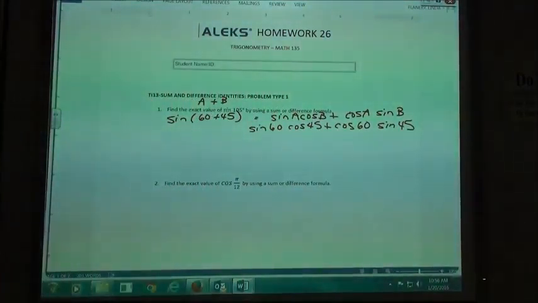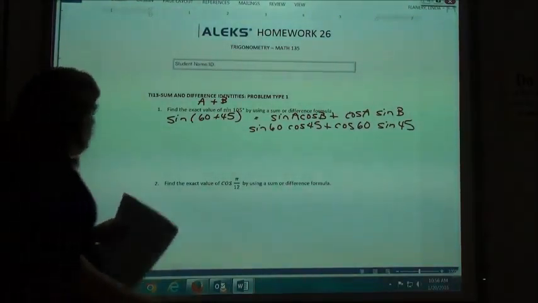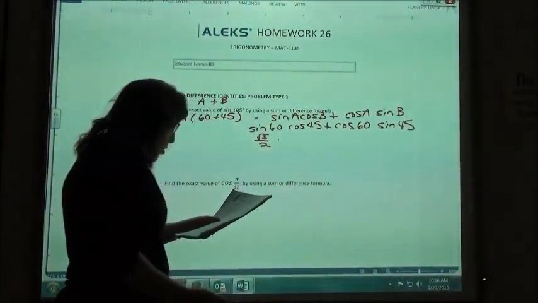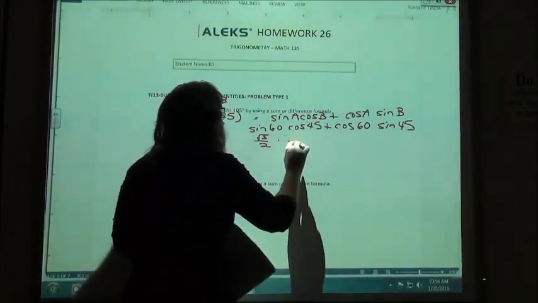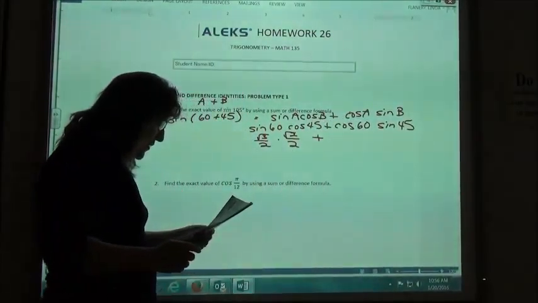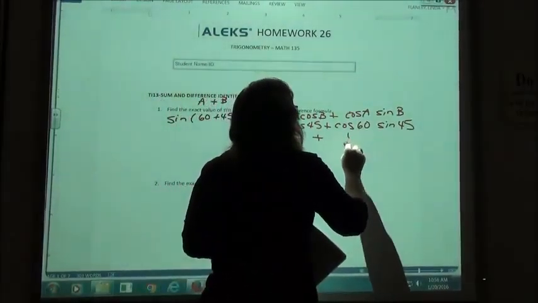This is where I want to grab my other piece of paper with my table on it and look up what the sine of 60 is. The sine of 60 is square root of 3 over 2. Cosine of 45 is square root of 2 over 2. Cosine of 60 is 1/2.